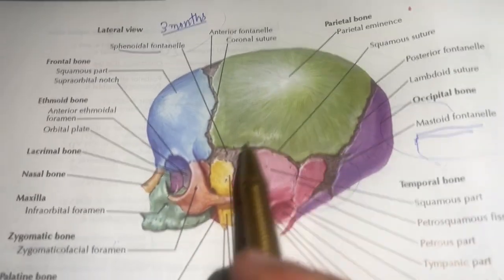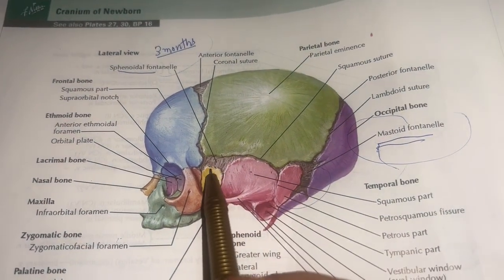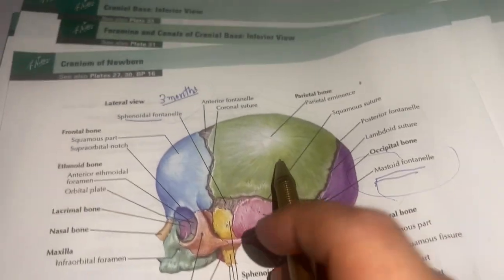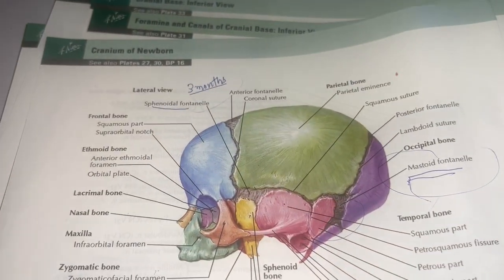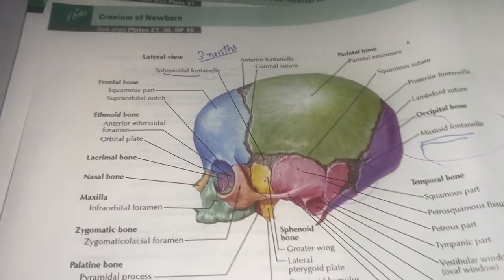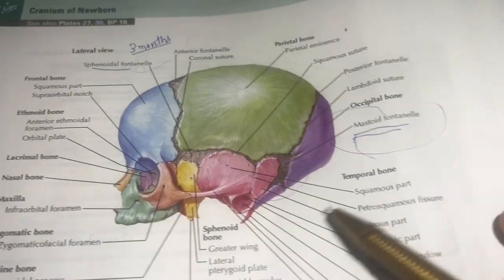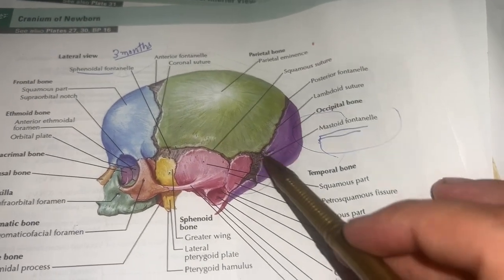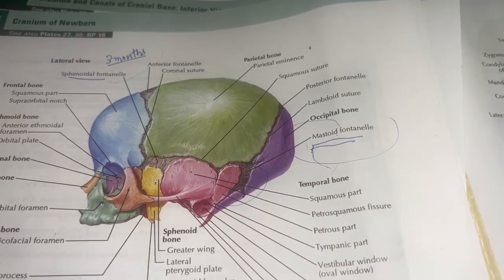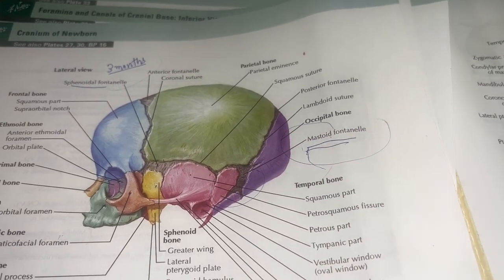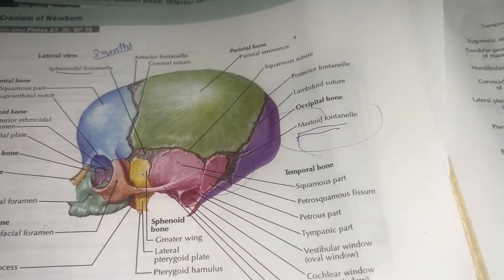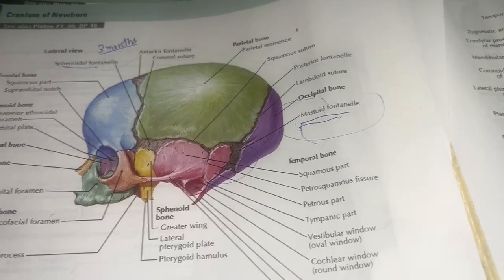The anterior fontanelle is represented by bregma in the adult, while the posterior fontanelle is represented by lambda in the adult. Then there are 2 anterolateral fontanelles and posterolateral fontanelles. The anterolateral is also called the sphenoidal fontanelle, and it is represented by the pterion in the adult skull, while the posterolateral fontanelle is also called the mastoid fontanelle, and it is closed by 3 months of age, and it is represented by the asterion in the adult skull.